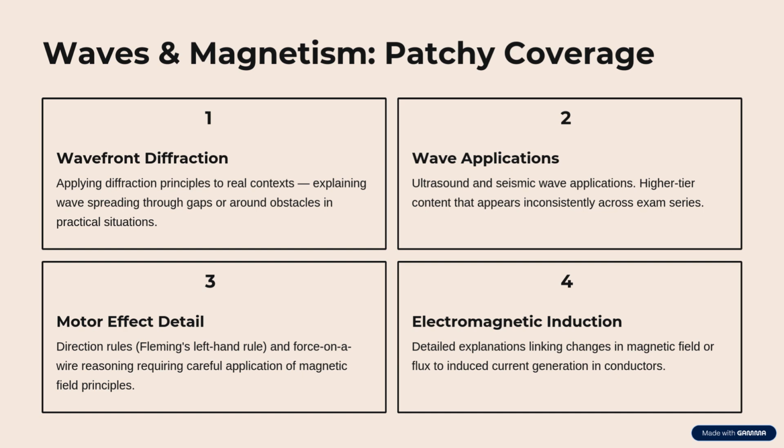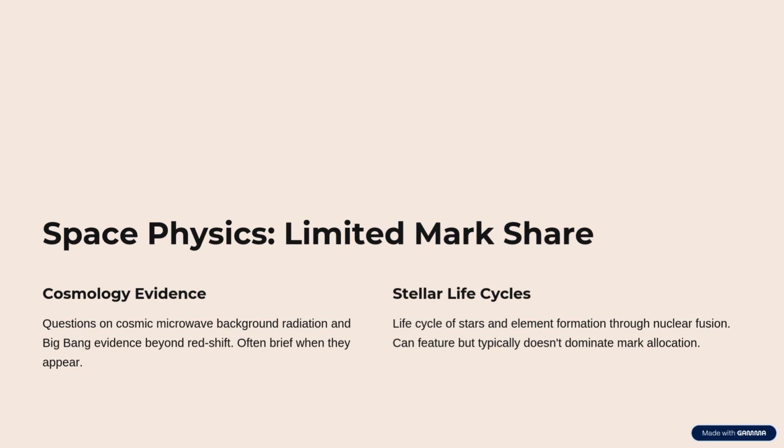And then going on to space physics, usually smaller markers to be honest, but it's still worth knowing the key ideas. Things like Big Bang evidence, redshift, etc., fusion. Clear definitions will grab you quick marks here.